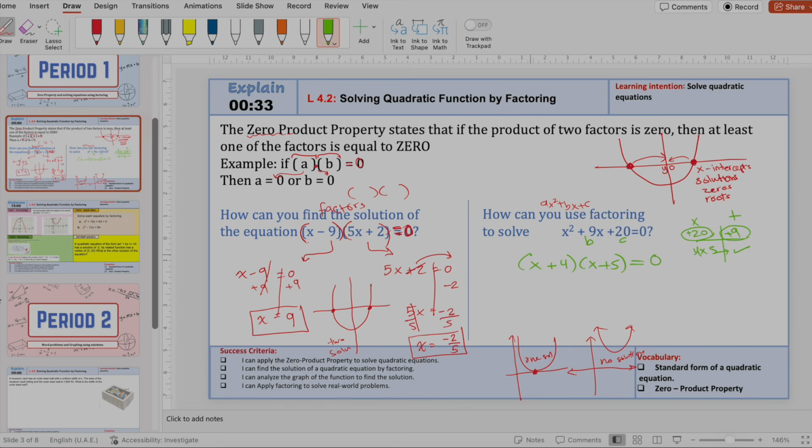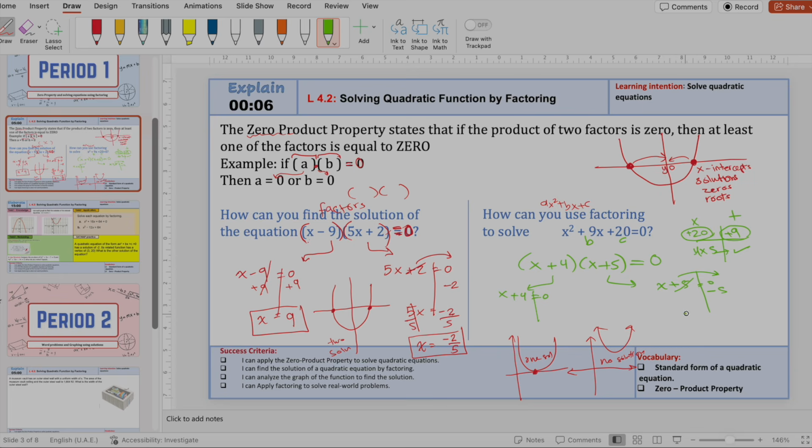From here, I can use the zero product property. If I have two factors multiplied by each other equal to 0, either this is equal to 0 or this is equal to 0. Solve each one by itself. This positive 5 is going to the other side, and it's going to be negative 5.